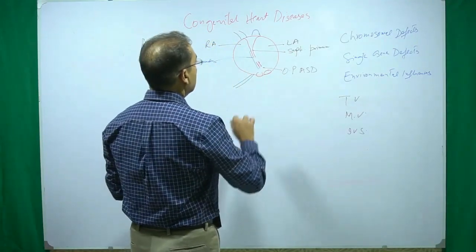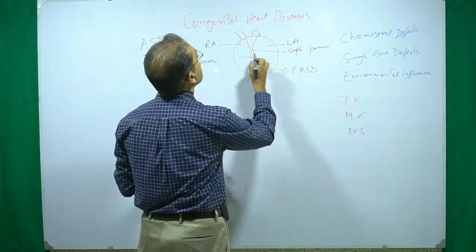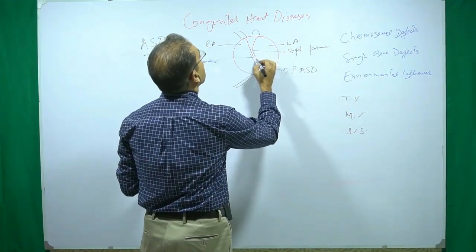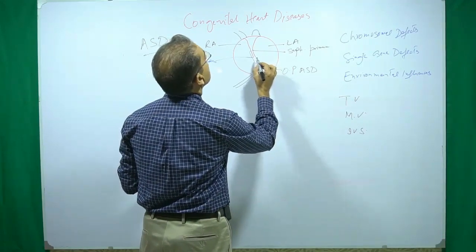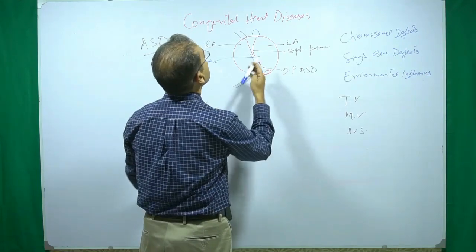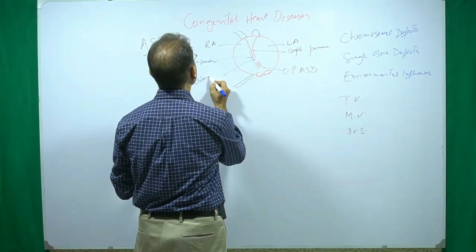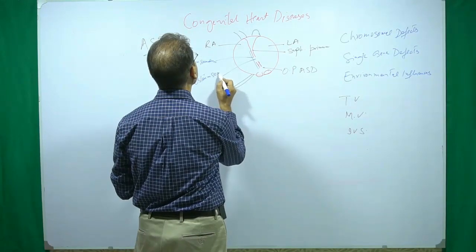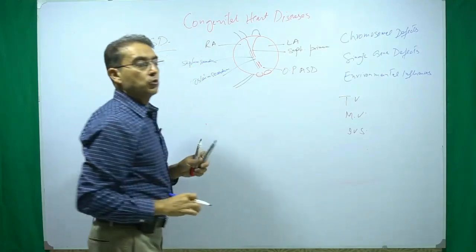And now these are ostium secundum. When there are defects in the ostium primum, these are called ostium secundum. Sometimes they fail to fuse.